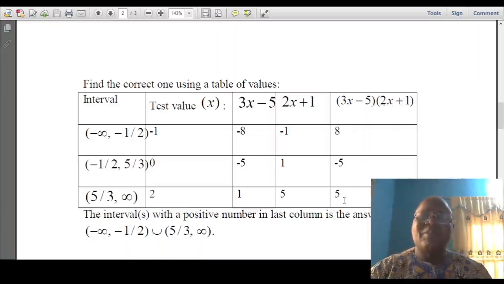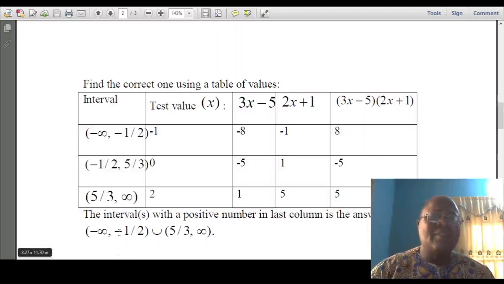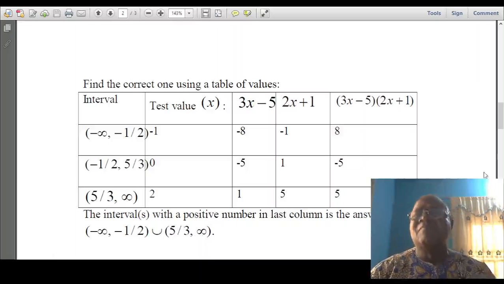Which one bears the positive? You can see the first interval has 8, the last interval has 5. So 2 of them satisfy that condition. So we take the union of the 2 intervals as our answer. That is between minus infinity and minus half, union between 5 over 3 and infinity.